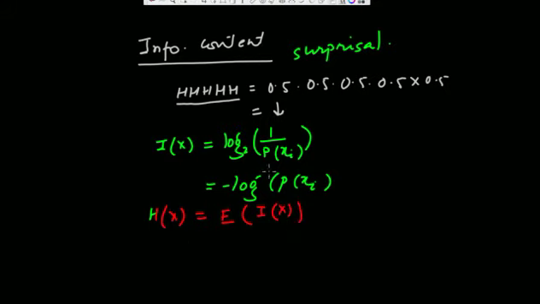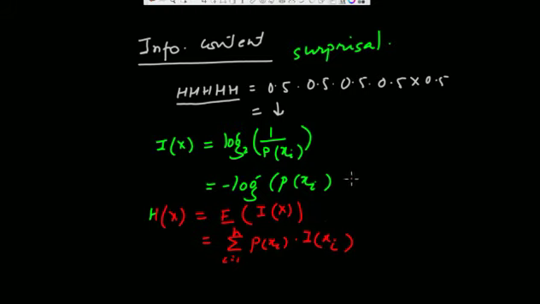Right. So then we can place these values inside, and you will learn that you can rewrite this as the sum over p(xi) times I(xi).